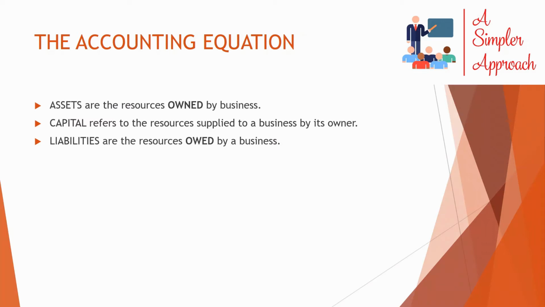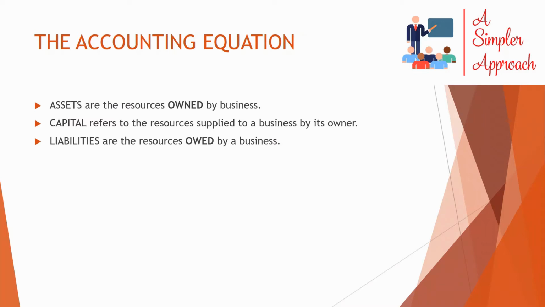Now, in their simplest definition, assets are the resources that are owned by a business entity. Capital refers to the resources supplied to the business by its owner, and liabilities are the resources that are owed by a business.